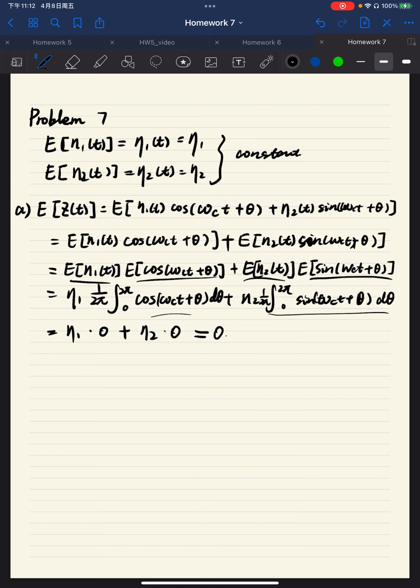Second, to find the autocorrelation of Z(t1) and Z(t2), it equals the expected value of Z(t1) times Z(t2), where we can replace Z(t1) and Z(t2) by the formula we have.